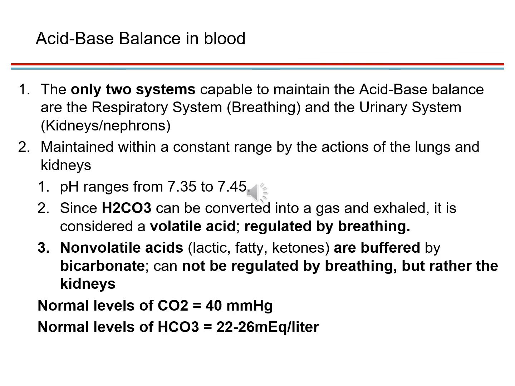On average it is 40 millimeters of mercury, because we measure the pressure of carbon dioxide. With regard to bicarbonate, the levels are measured in milliequivalents per liter, and the value depends on the author, depends on the lab, but is between 22 to 26 milliequivalents per liter.